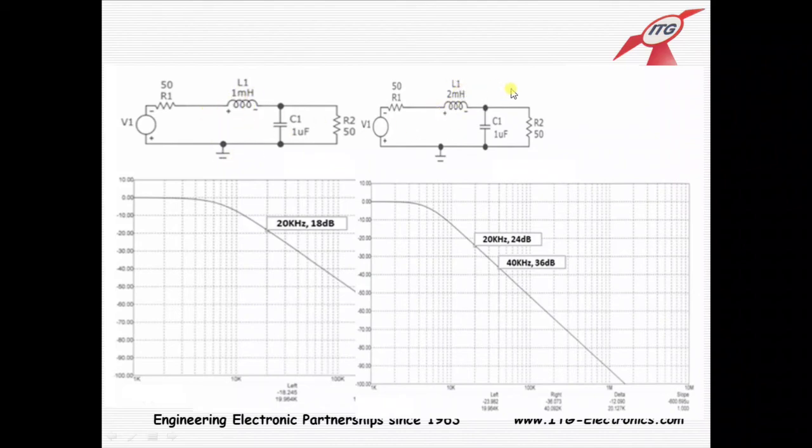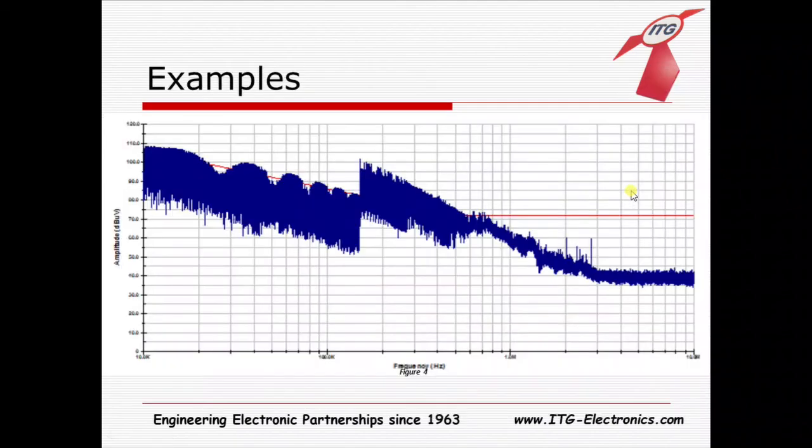I've got on the left the old circuit, on the right here is the new circuit. And you can see it previously started at 20 kilohertz at 18 dB. We've added 6 more dB from doubling that one component. So still at 20 kilohertz, and now instead of 18 dB, we're at 24 dB. So again, right on target.